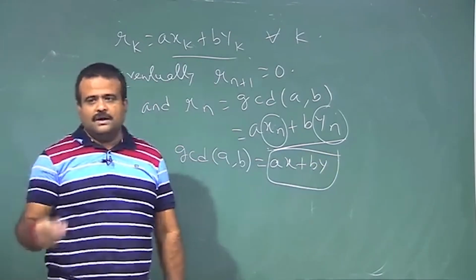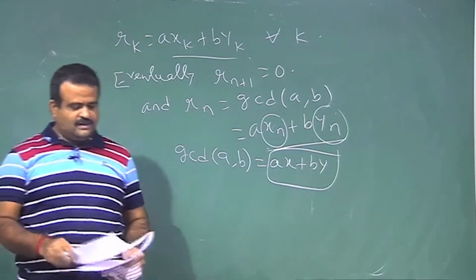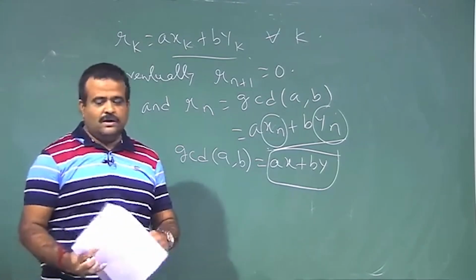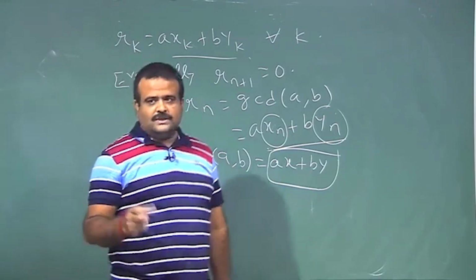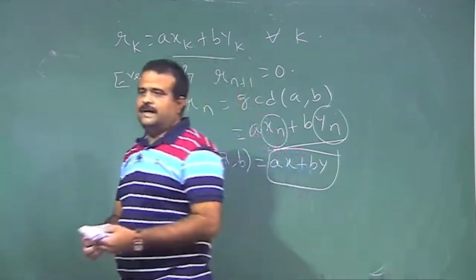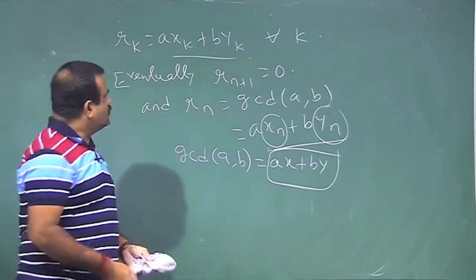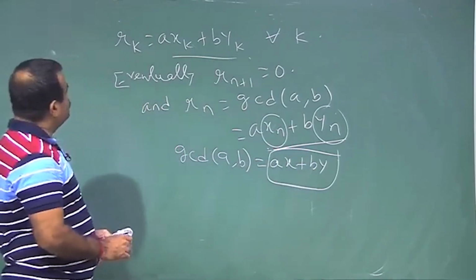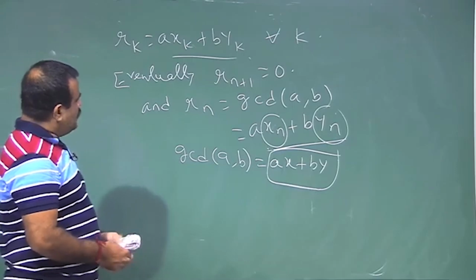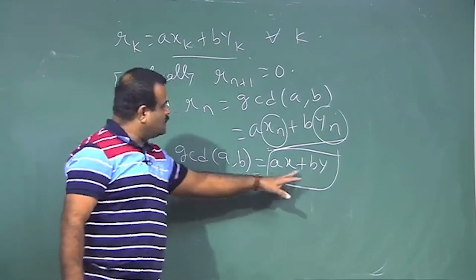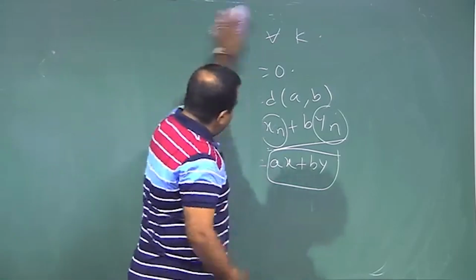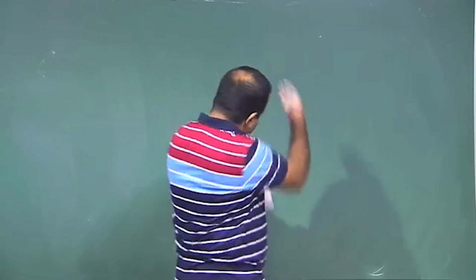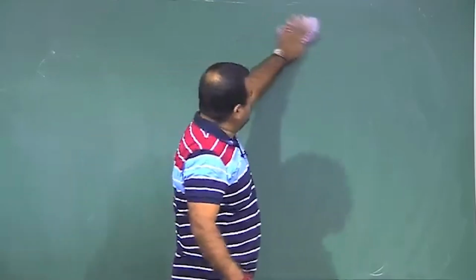So, this is the proof that any GCD can be written as a x plus b y. This gives us the extended Euclidean algorithm, where every time we maintain x k and y k. We will see how to get x and y by following these steps in algorithm form.